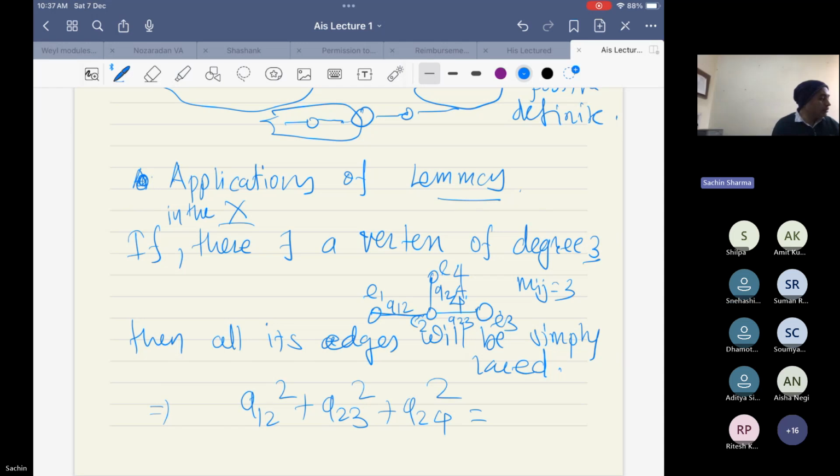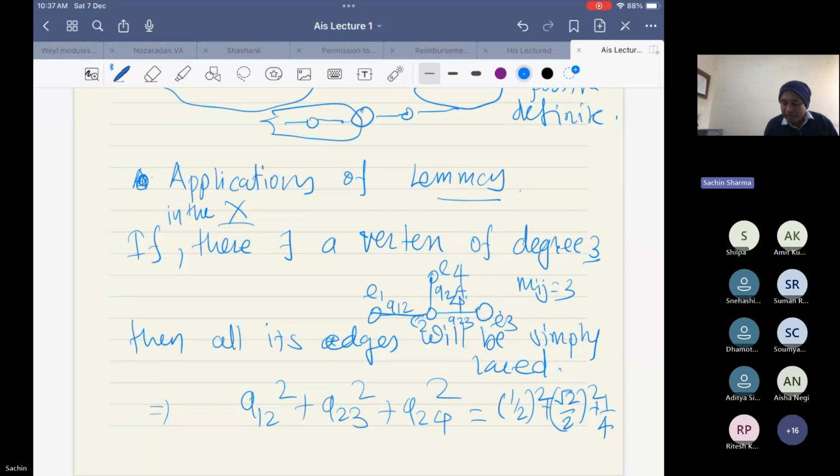See, for this q12 is 1 by 2 squared. And this is q23, which is root 2 by 2 squared. And this is 1 by 4, again 1 by 2 squared actually, for q24. I'm just using the values of cos 60 and cos pi by 4, so I'm not doing rocket science.